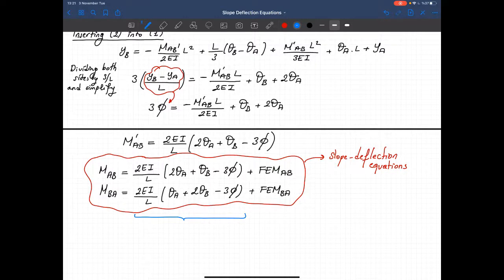This is the effect of nodal deformations, which we name as the only nodal deformations case.